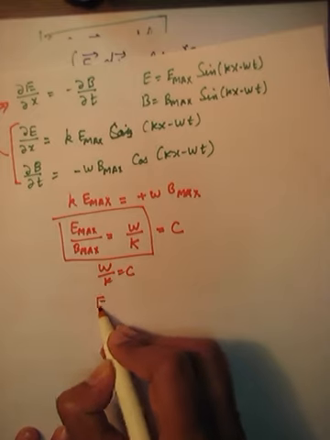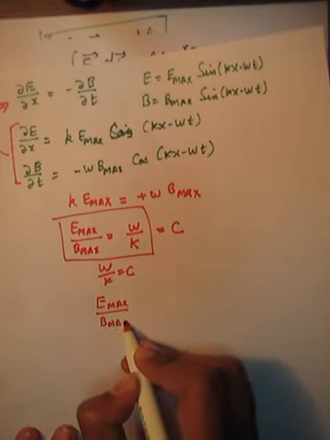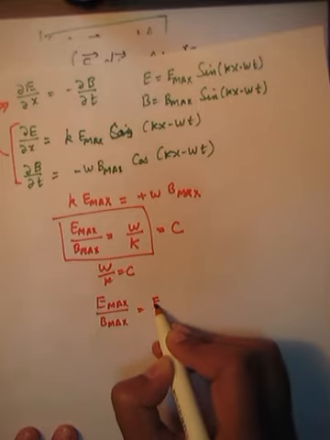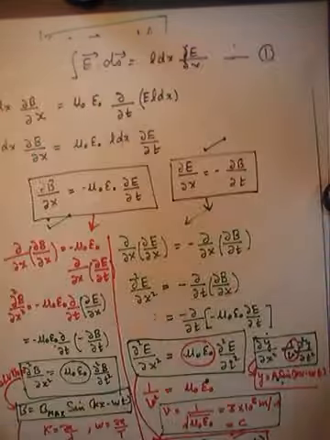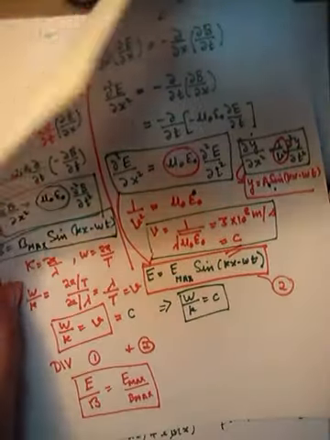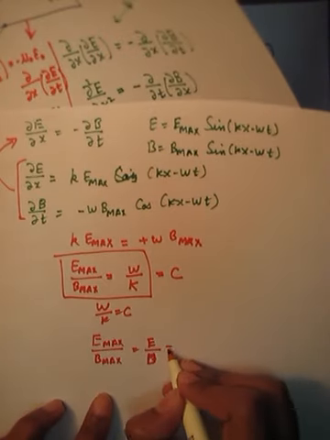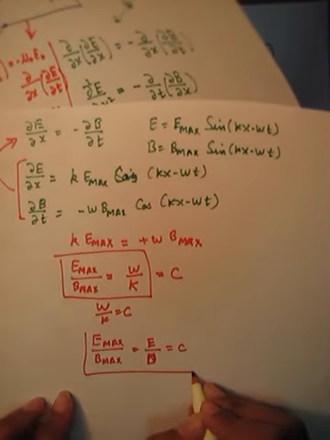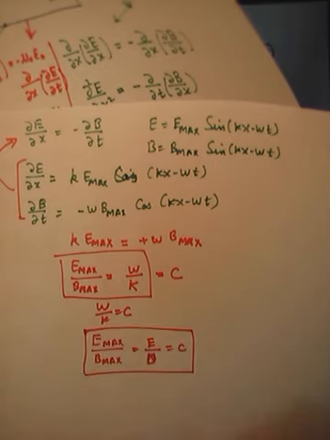Therefore E maximum upon B maximum is equal to E upon B, which we have already calculated from here. So it will be equal to c. You can also remember this. Okay, that's all.